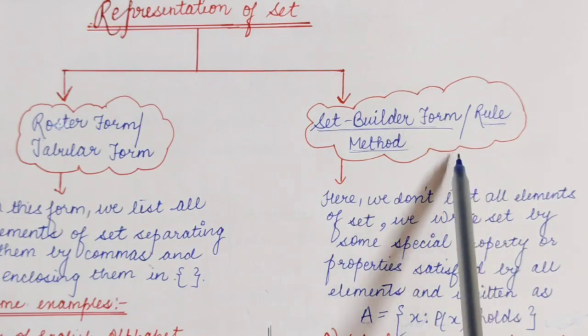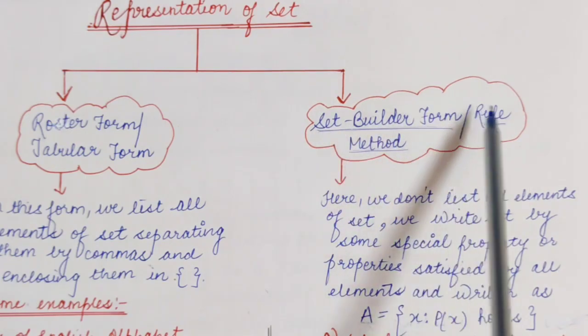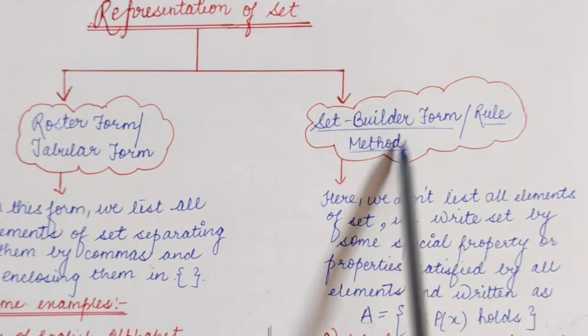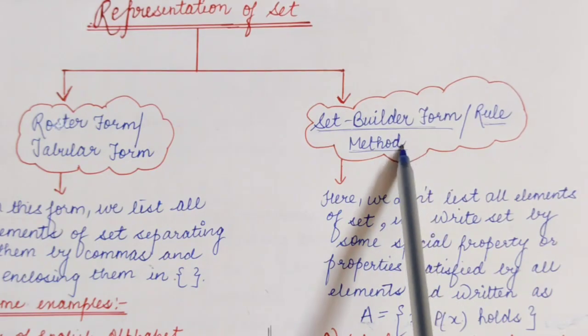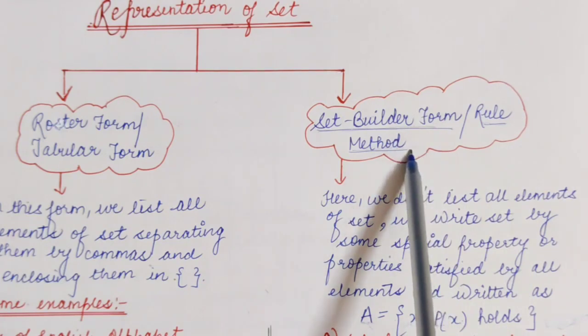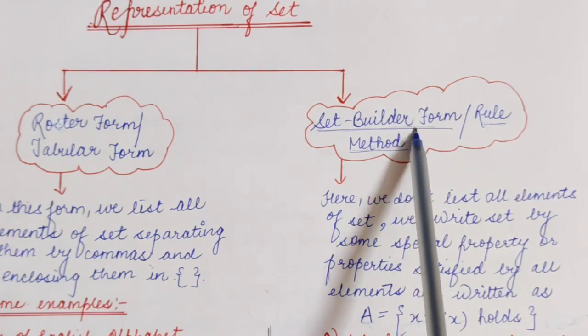Now we will discuss the set builder form or rule method. We can also call it the property method, but there are 2 names for this form. The first one is the set builder form or rule method.